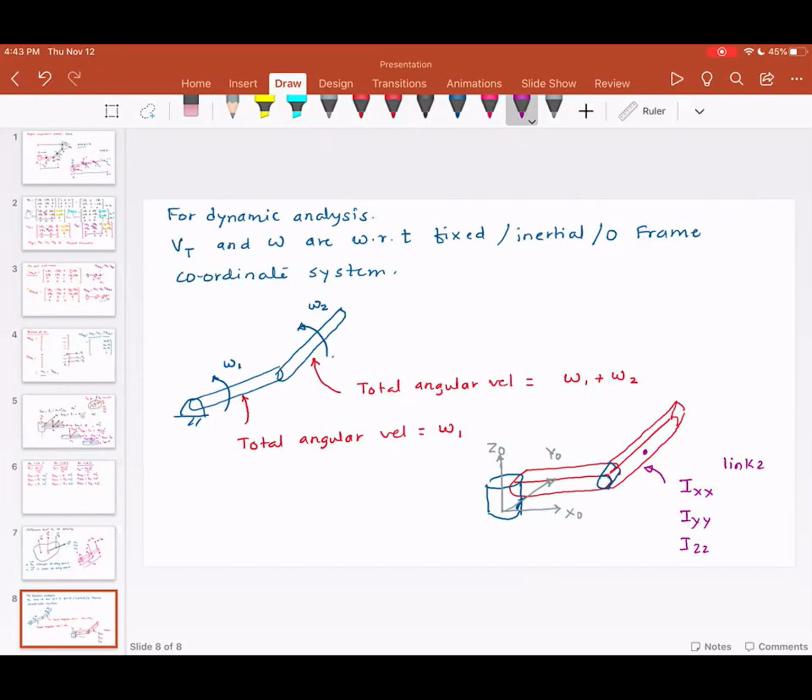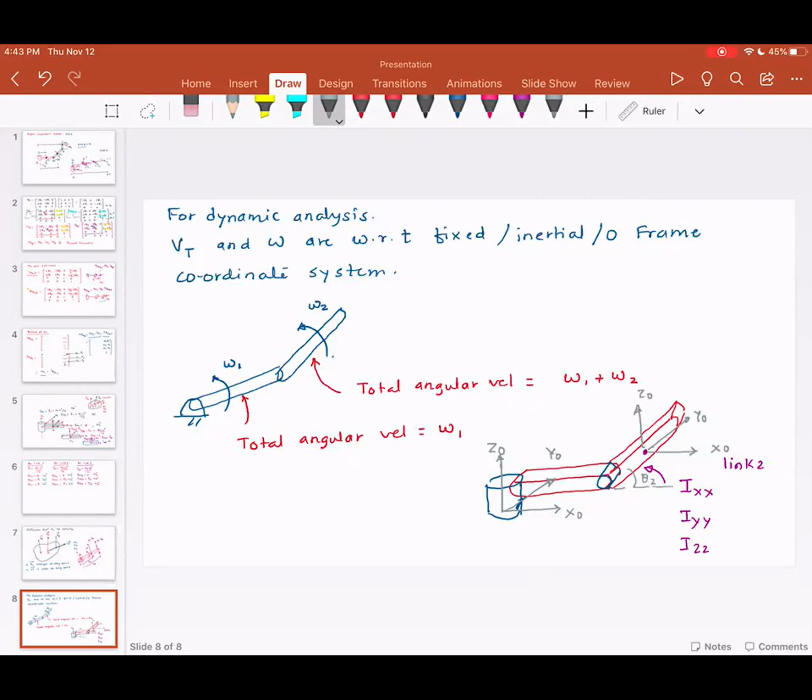So in this case, if I were to blindly follow what we did, then I could just draw my coordinate frame, the 0th coordinate frame, x0, z0, and then y0. But now all of a sudden I have a problem, because this link is oriented at certain angle theta 2 with respect to the base frame.